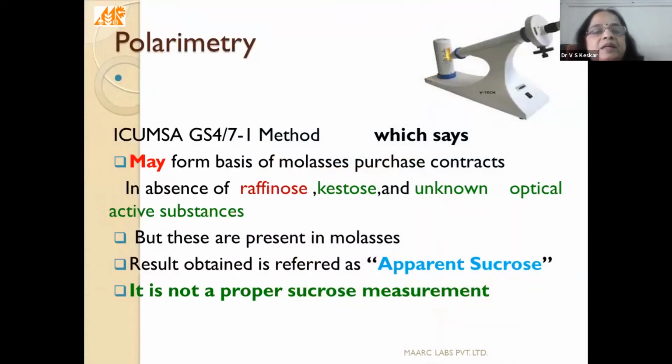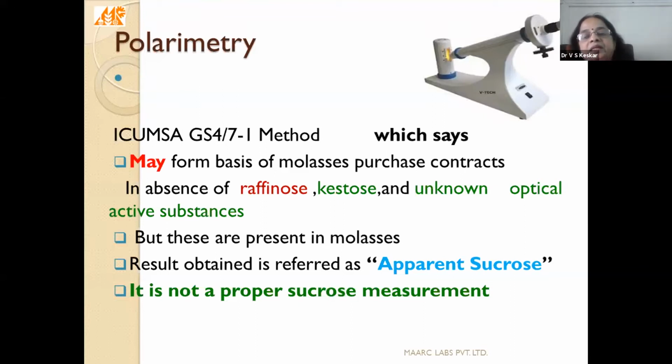The first, very popular method, which ICUMSA calls an accepted method, is liked by industry, accepted by industry, and very popular in industry because there are so many virtues of this method. This is the official ICUMSA method, polarimetry, ICUMSA GS4-7-1.